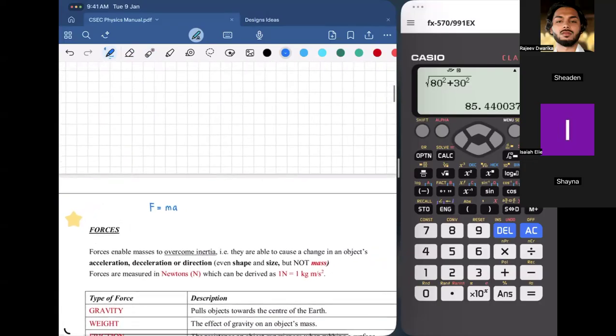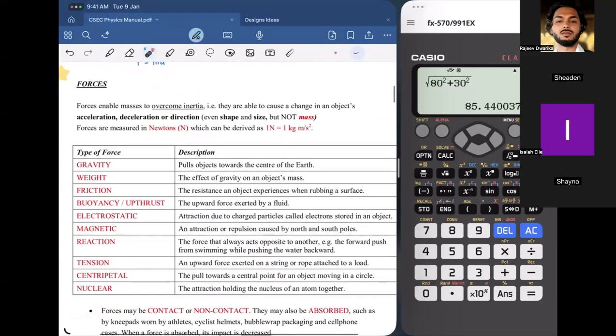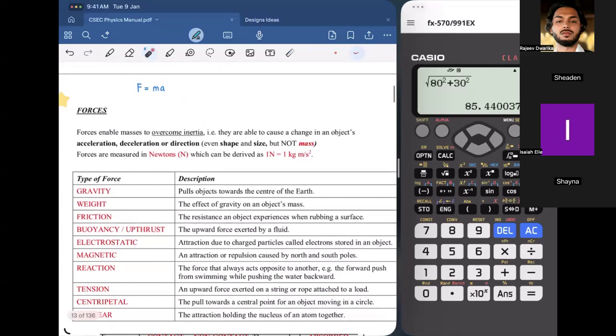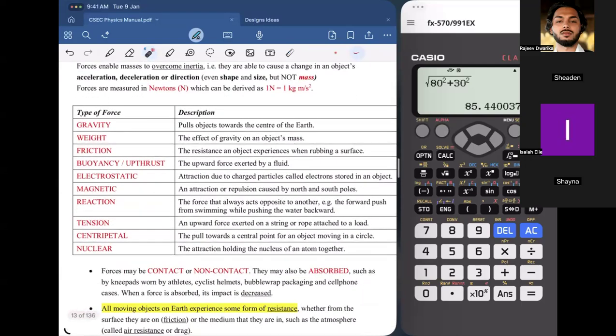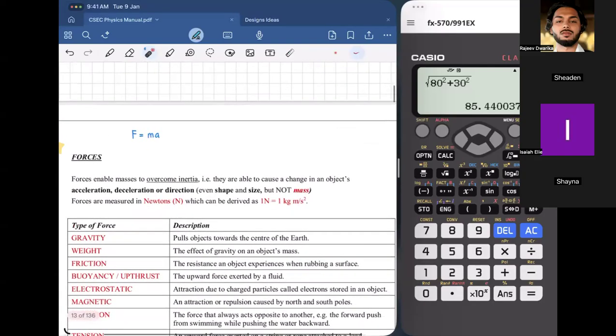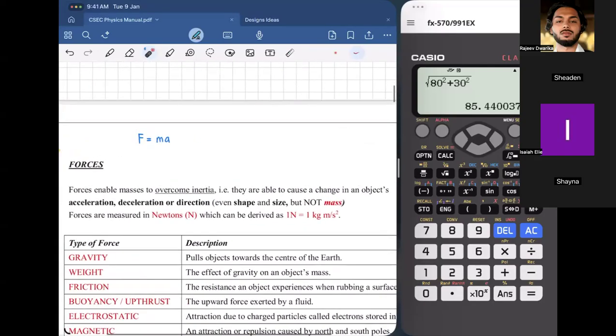I'd like you guys to copy the definition down for forces. I won't make you copy down the types of forces right now. You could copy that down for homework, but not right now. That'll take real long. So just copy down what forces are, and you could write examples: gravity, friction, weight.